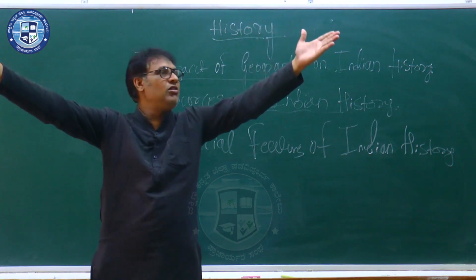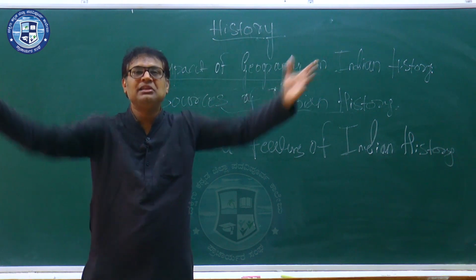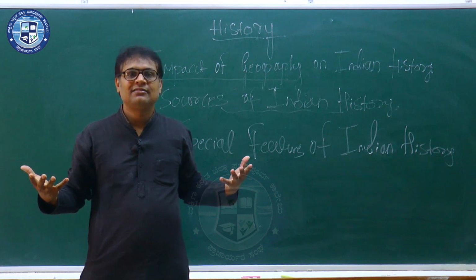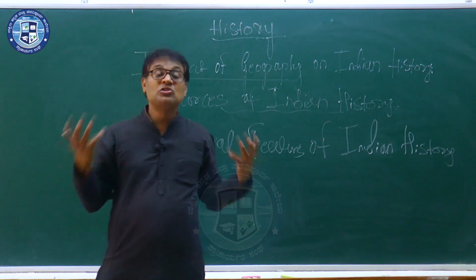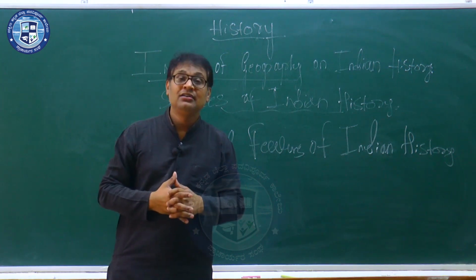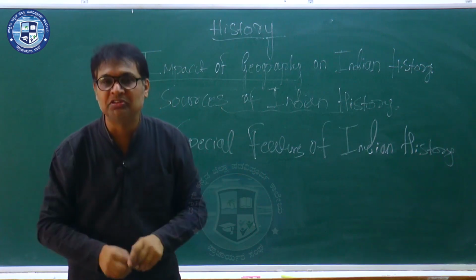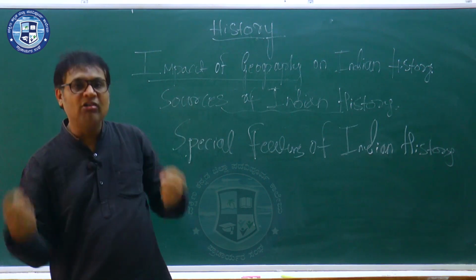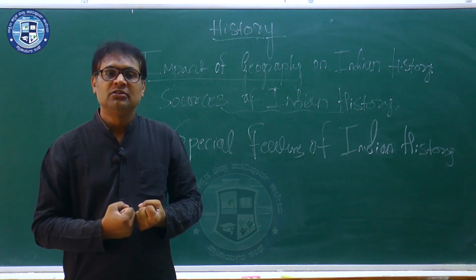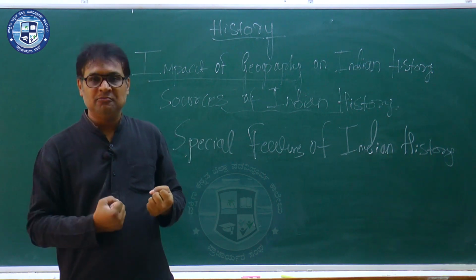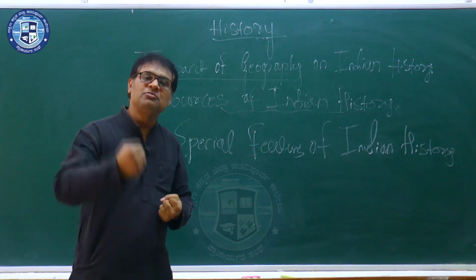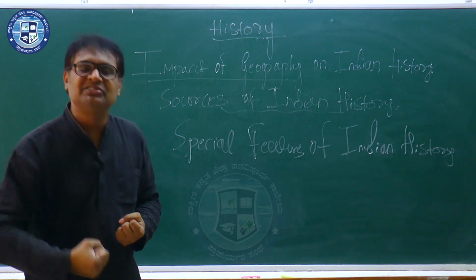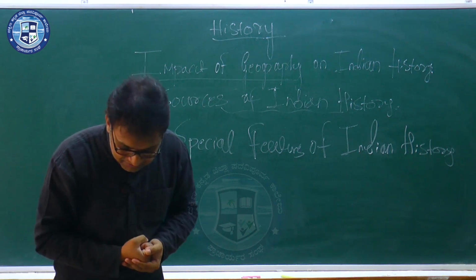This world itself is a family for us. This is the belief we have, the concept we believe. This is the feature of our culture, the feature of Indian history.